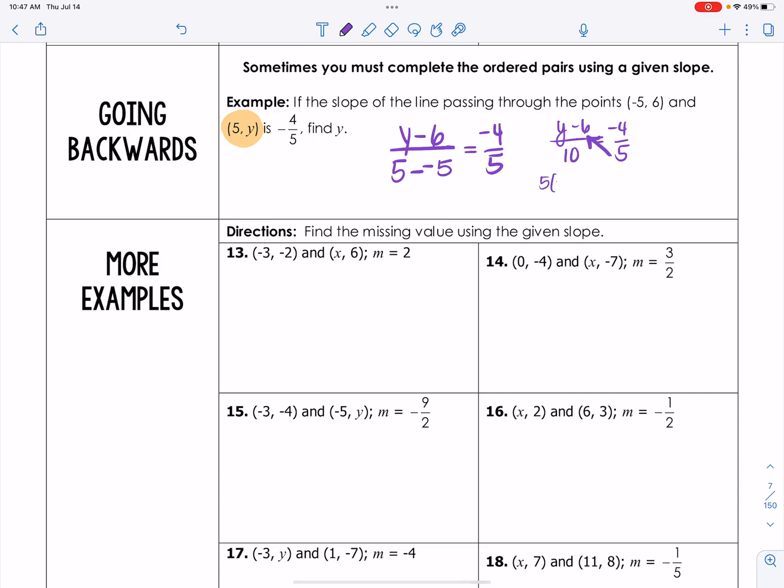So I would have 5 times y minus 6, and 10 times negative 4. So 5y minus 30 equals negative 40. I would add 30 to both sides. This goes back to what we did with equations. So 5y equals negative 10. Divide by 5, and my answer is y is 2.